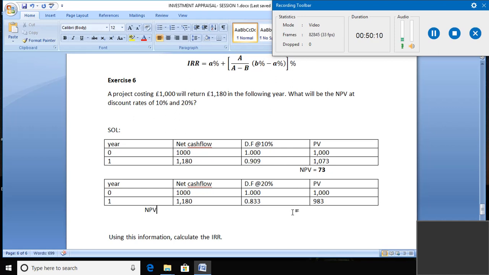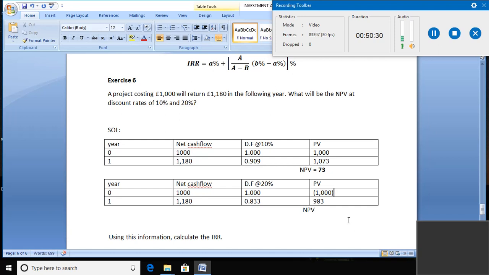The net present value, how much would that be? So you aggregate between 1,000 and 1,080 and 983. Sorry, I forgot to put the brackets there.